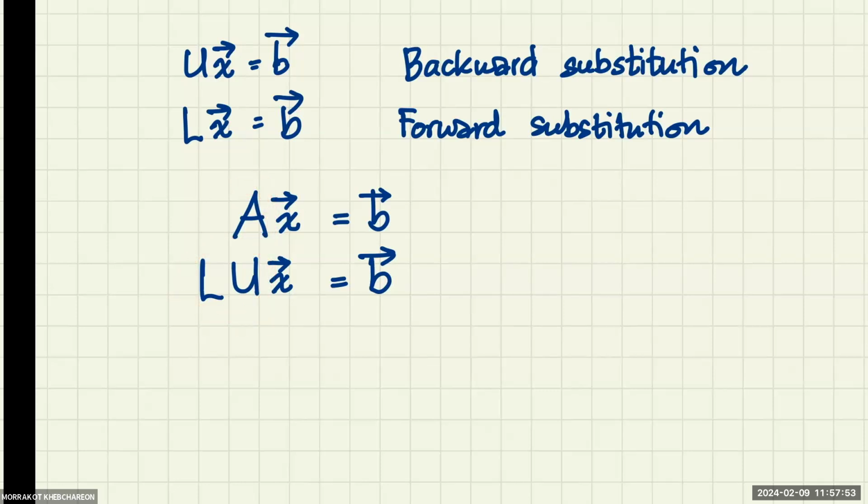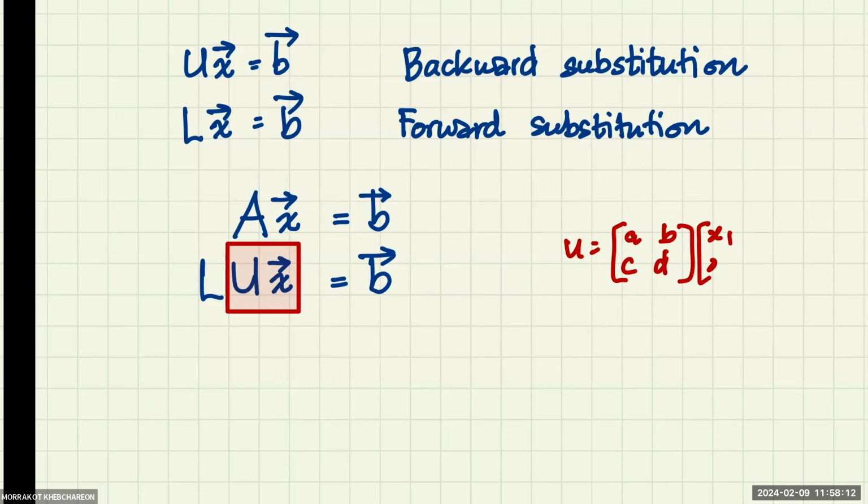And now let's think, what is U times X? Think about if U is a 2 by 2 matrix, times X, which is X1, X2. Okay? For example, this is UX.